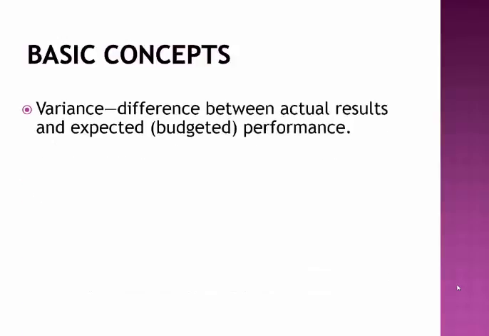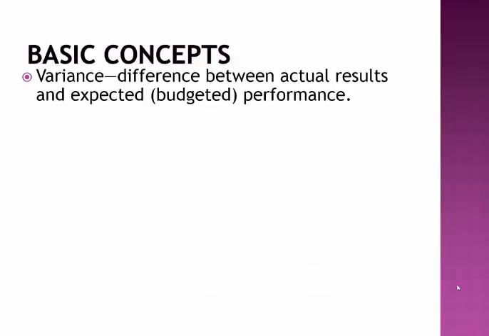All right, so we've got some basic concepts that we need to have down pat for mastering our material in Chapter 7. The first one is the word variance. And variance is basically just for us to calculate a difference between actual results and expected or budgeted performance. Okay, so we are going to be taking actual quantities and multiplying them times actual revenues and actual cost in order to get a total for actual results.